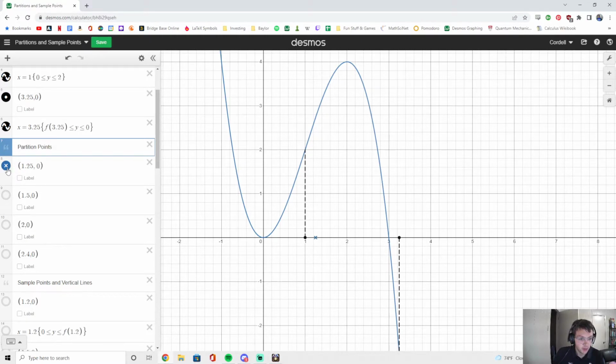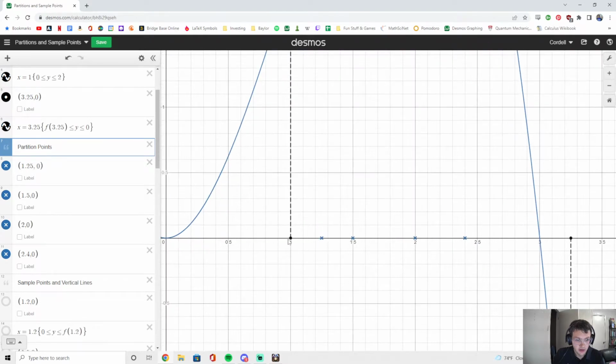I'll pick this point here at 1.25, this point here at 1.5, this point here at 2, and this point here at 2.4. So what I've done now is I've broken this larger interval from 1 to 3.25 into 1, 2, 3, 4, 5 subintervals.